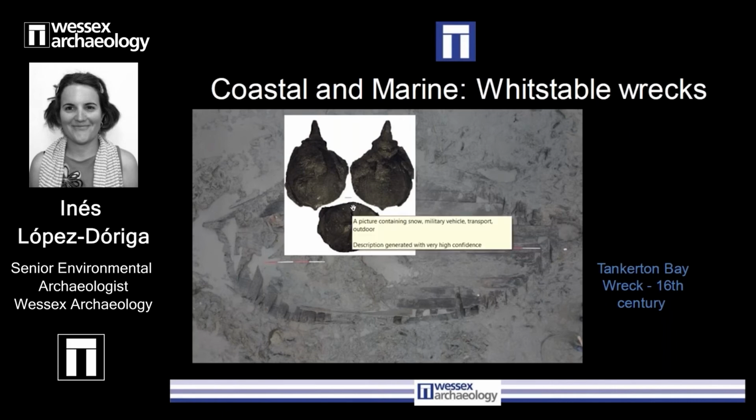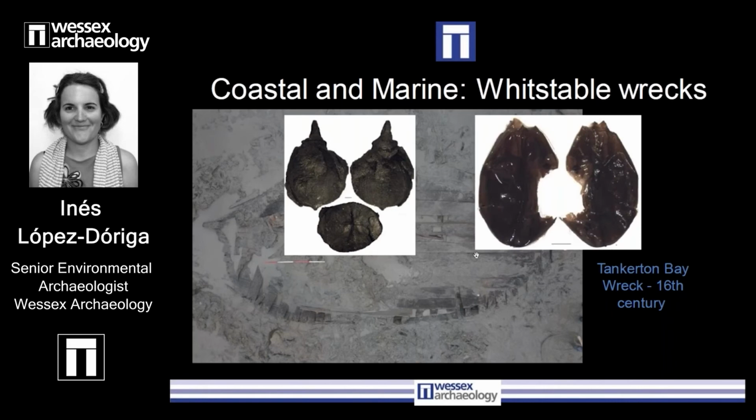Finally, I eventually discovered that it wasn't a seed associated with the wreck at all. It was just a fossil that was present in the environment that had been washed onto the site. But fortunately, we had lots of other evidence of the use of the wreck.